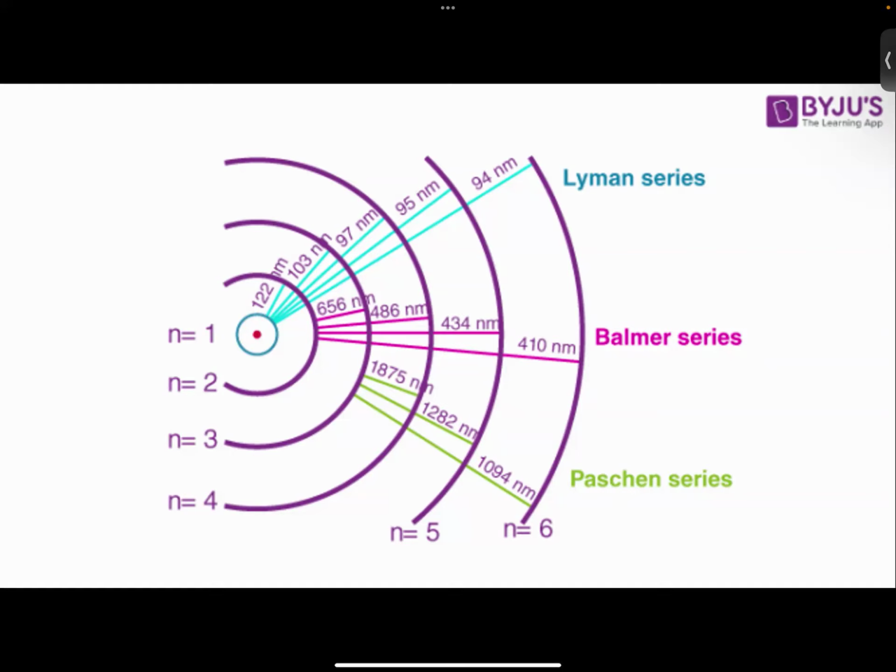Balmer series, visible light spectrum, means the electron fell to n equals 2. And the Paschen series means that infrared radiation was given off, and the electron relaxed to 3.